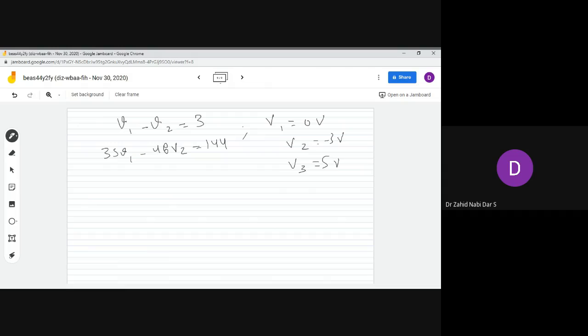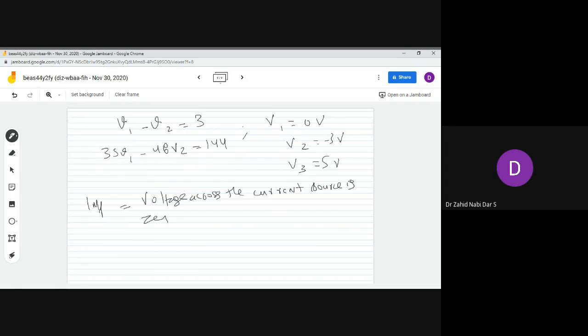One important remark over here: V1 is what? V1 is the voltage across the current source. So we observe that the voltage across the current source is 0.